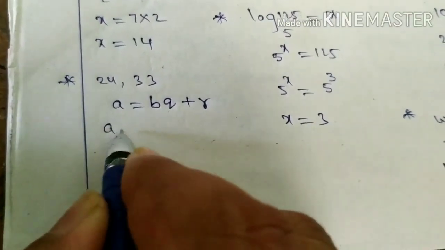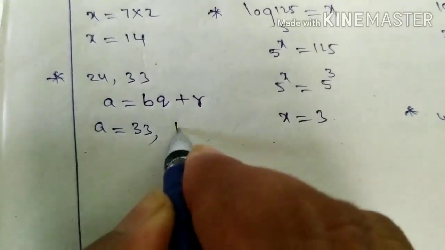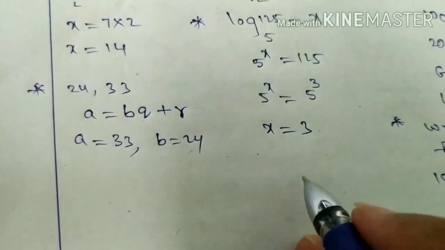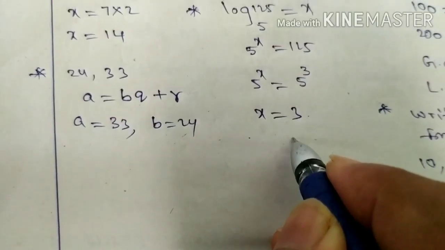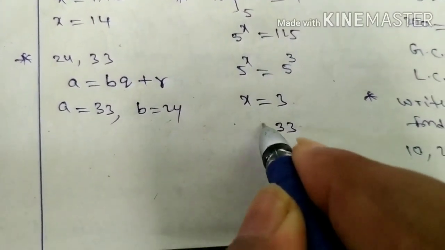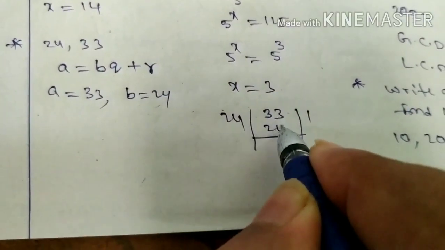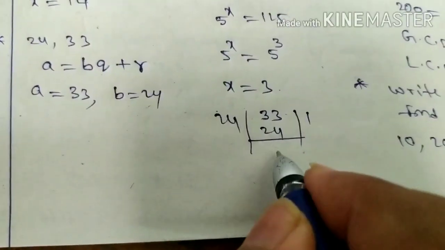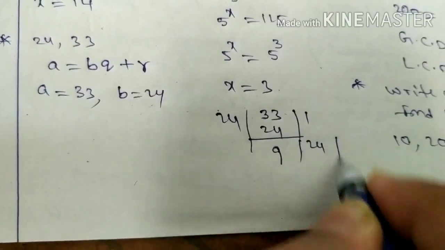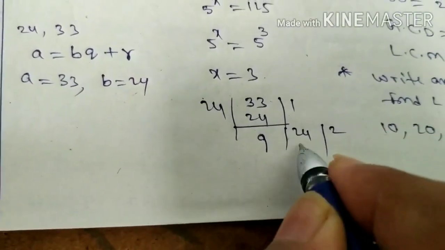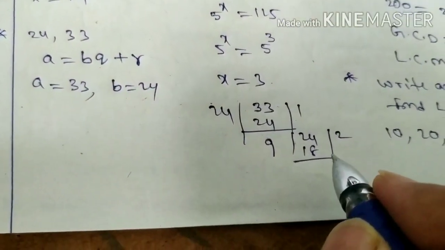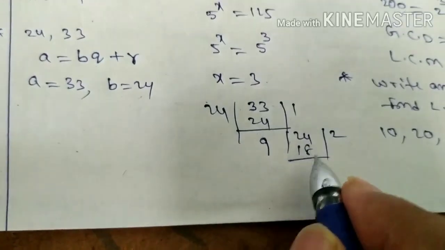Here the big number a is equal to 33, b is equal to 24. Now 33 divided by 24, 1 24 is 24. Here 33 minus 24 is 9. Here 24, 9 2s are 18. Here 9 3s are 27 is not possible. So 24 minus 18.